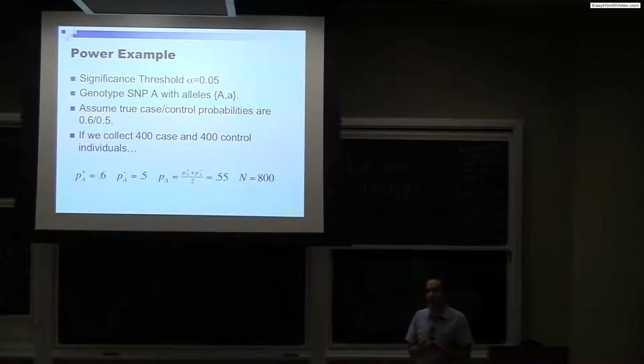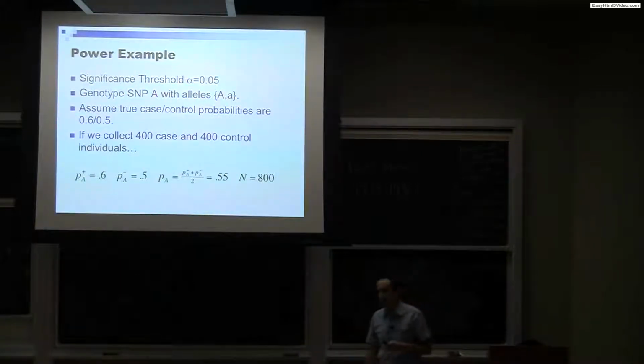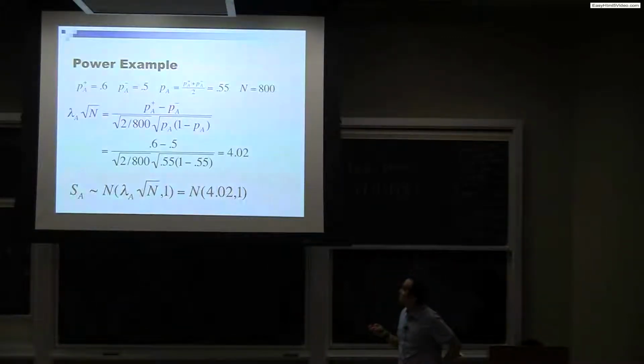Well, I would say that the higher the better, right? And actually what people typically do in practice is spend as much money as they possibly have, okay? And so they collect as big of a study as they can. But the reason why people compute power is that the power gives them an idea of what they'll find. So for rare variants, actually we're going to talk about this in a second, okay?